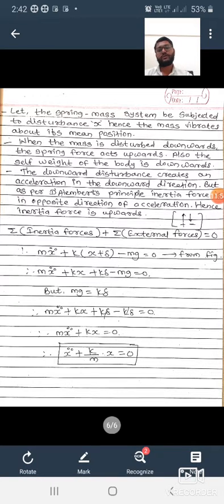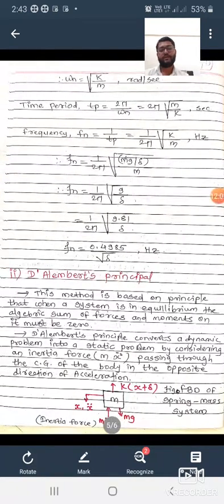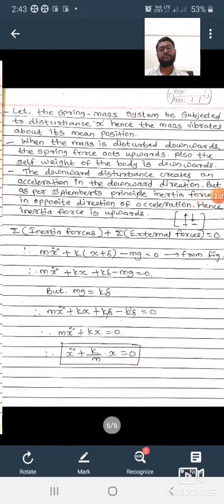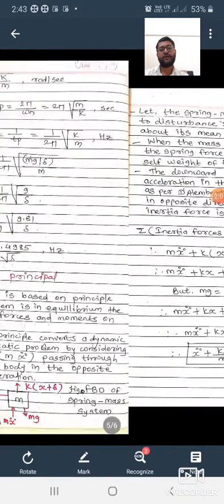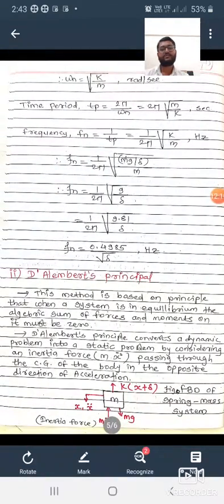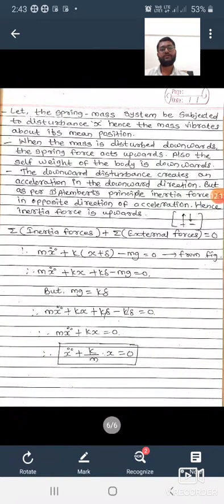Here you have to consider upward forces as positive and downward forces as negative. So the upward forces are mx double dot and k(x plus delta), taken as positive, and minus mg, which acts in the downward direction, equal to 0. By evaluating the equation and opening the bracket, we get mx double dot plus kx plus k delta minus mg equal to 0, but we know that mg is equal to k delta.